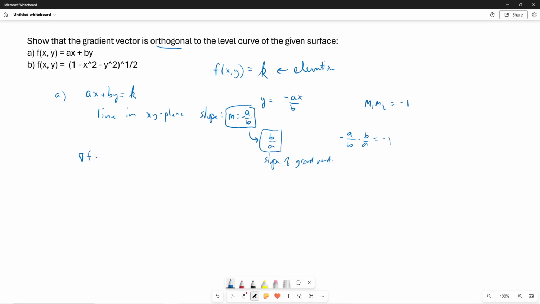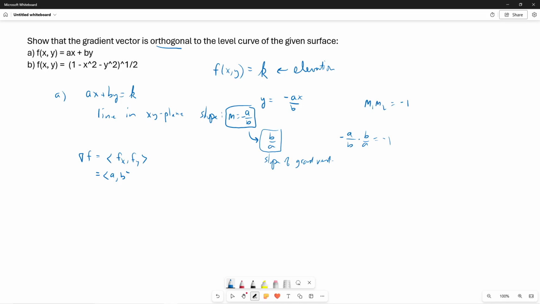The gradient of f is f sub x, comma, f sub y. f sub x is just a, because by is a constant with respect to x. And f sub y is just b, because ax is a constant, so it has derivative 0.